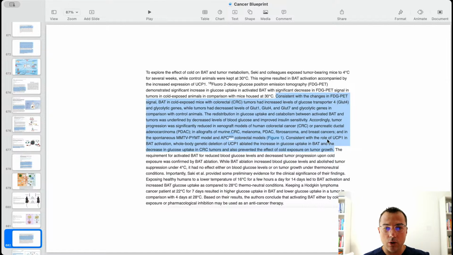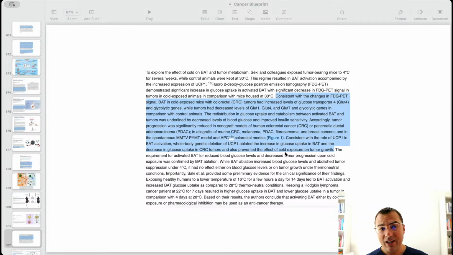Consistent with the role of uncoupling protein 1 in brown adipose tissue activation, whole body genetic deletion of UCP1 ablated the increase in glucose uptake in brown adipose tissue and decrease in blood glucose in colorectal tumors and prevented the effective cold exposure in tumor tissues.